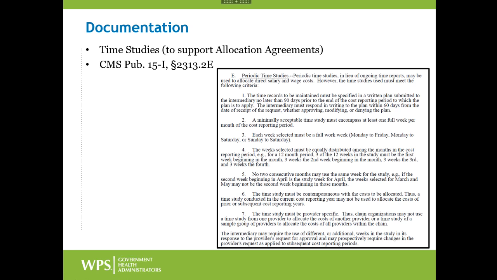So if there was some way to know every work day throughout the year exactly what each physician was doing, all hours of the day, of course that'd be the best documentation. Now obviously that would be quite a bit of a burden, and CMS realizes that, and as an exception they allow periodic time studies instead to try to reduce that burden. So this is an option to ongoing time reports.